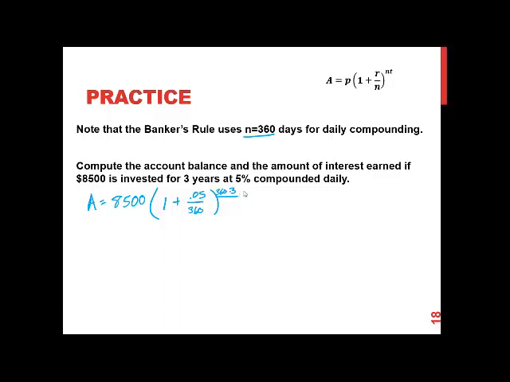And when you get all of that and multiply it by 8,500, I get 9,875.49. And if you subtract off the original investment, this is the account balance or the amount accrued, we get that the interest is $1,375.49.